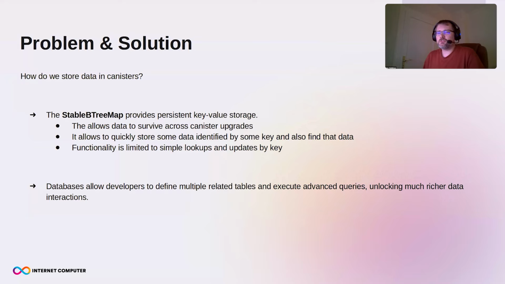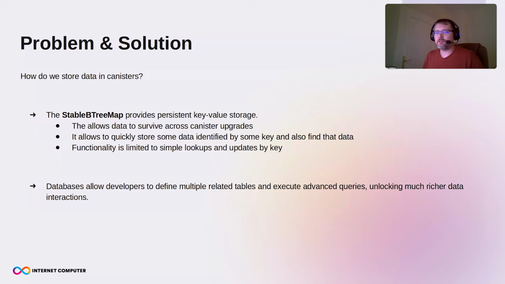It allows you to have key-value storage where you store some value with a key, and then you can retrieve that value later on, and it automatically finds it and works quite fast. So everything is nice.